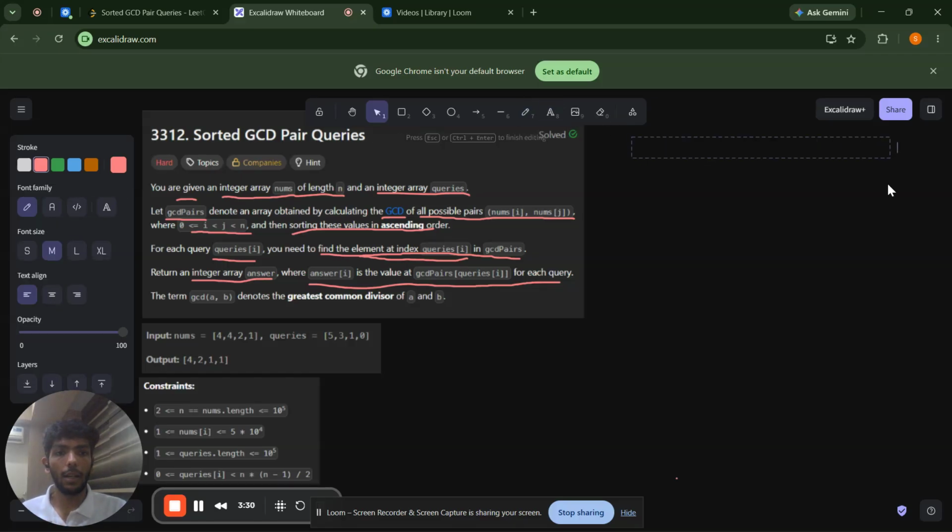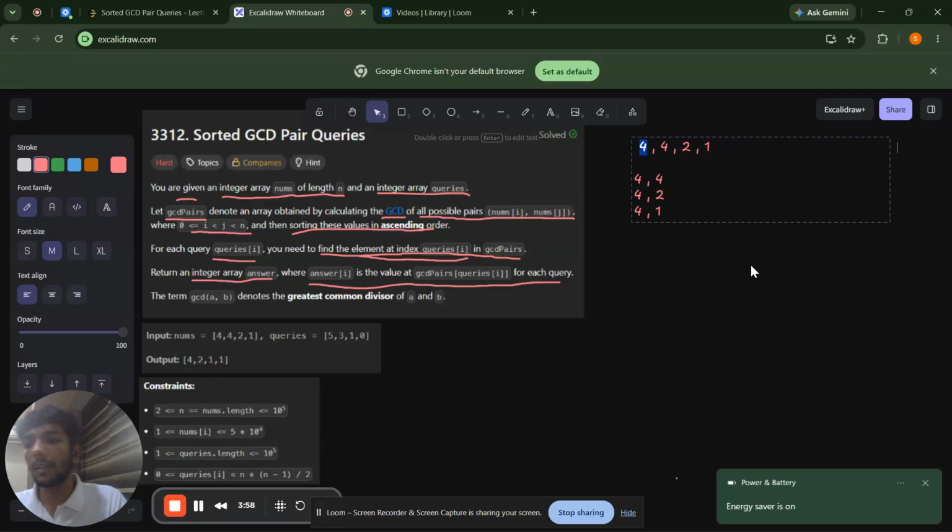The example provided in LeetCode itself: 4, 4, 2, 1. So what all possible pairs could be formed? 4 and 4, 4 and 2, 4 and 1. We are making these pairs by considering the 4 present at index 0.